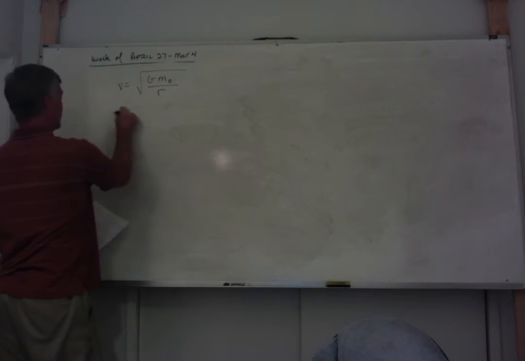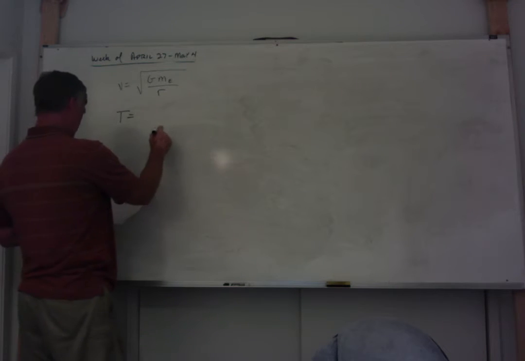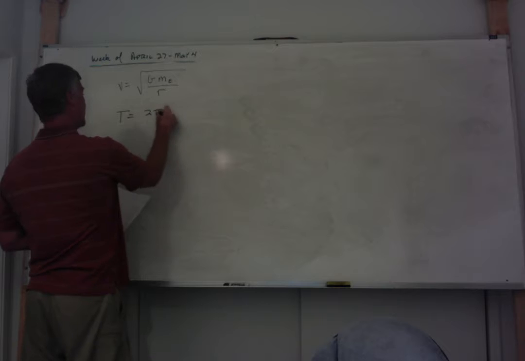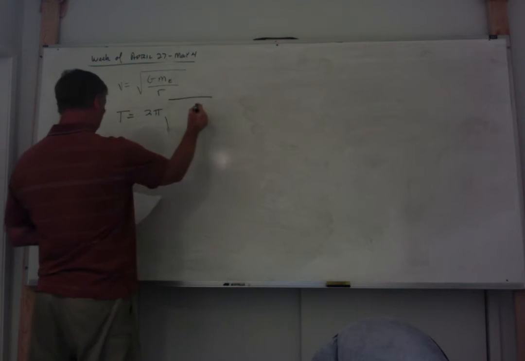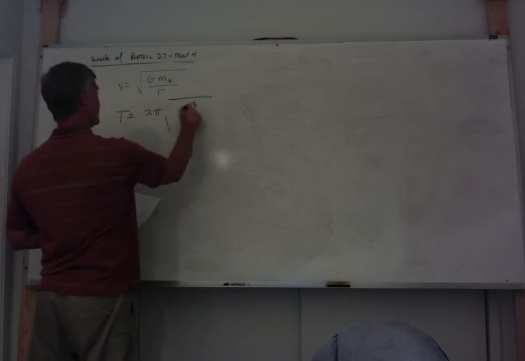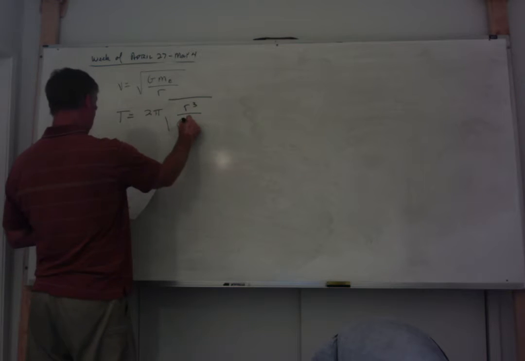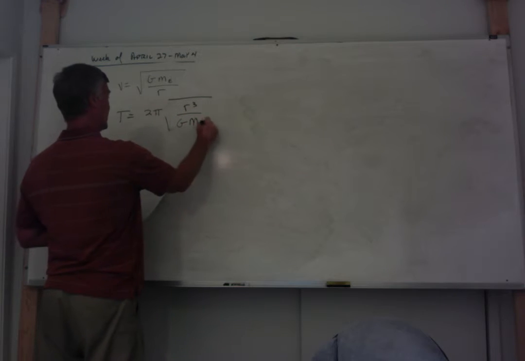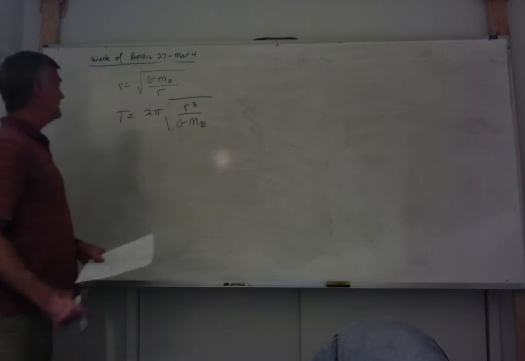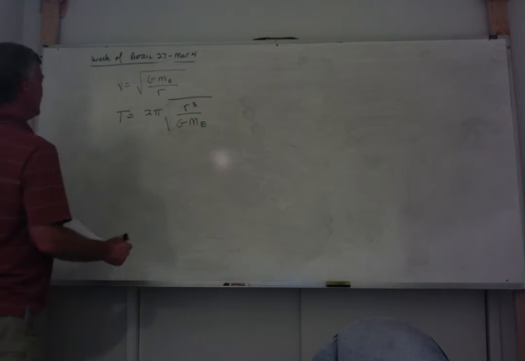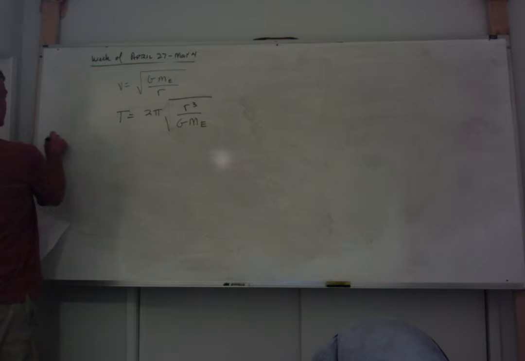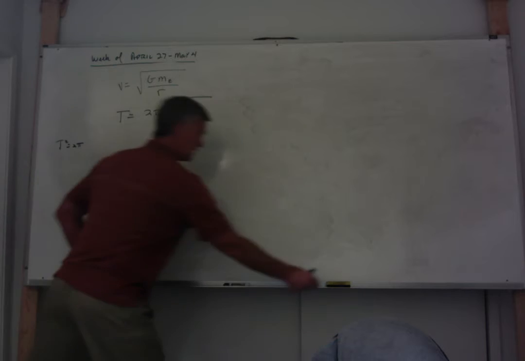The orbital period is 2 pi divided by the square root of r cubed over G times the mass of, again, whatever the planet would be. If you remember, we had T is equal to 2 pi times, we would have to go back.